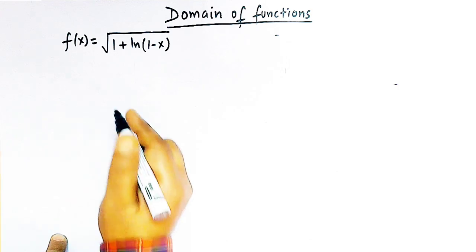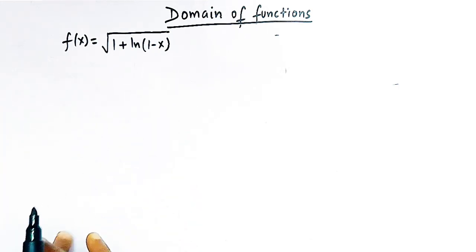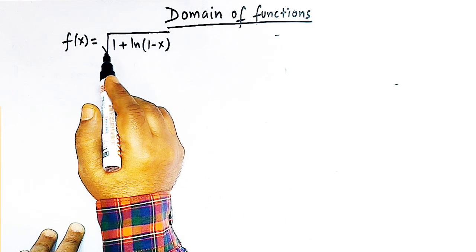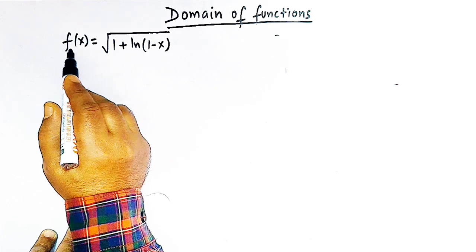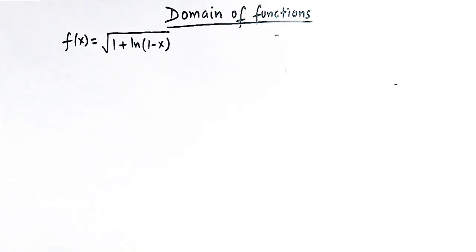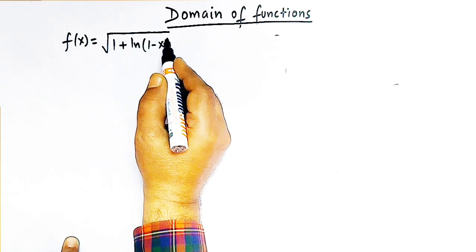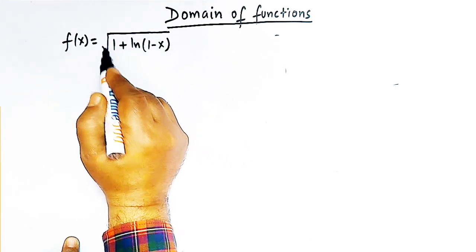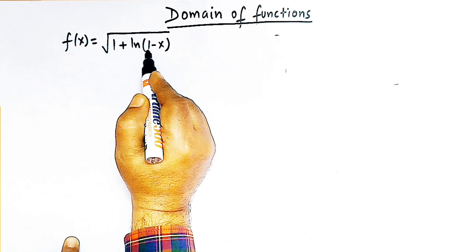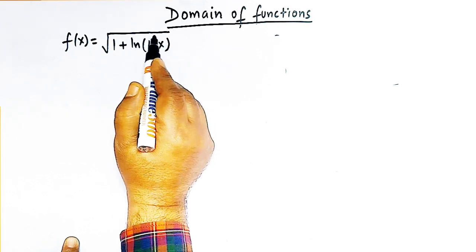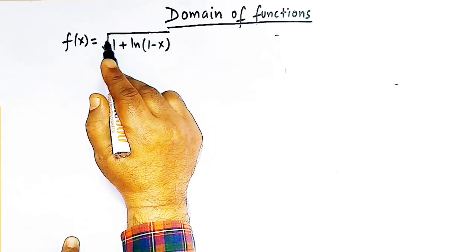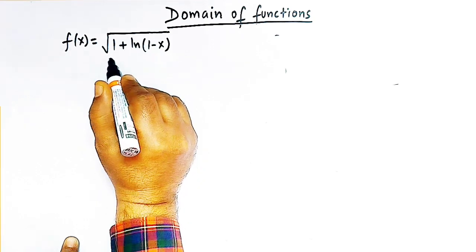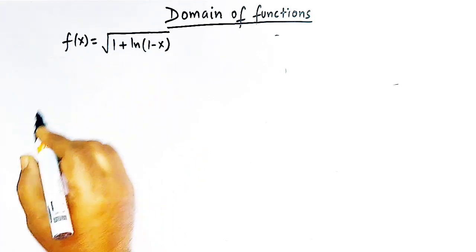So now see, we have to find all the valid values of x for which this function f of x is defined, right? So the first thing we have to keep in mind is that in the square root of 1 plus natural log of 1 minus x, the term inside the square root sign must be greater than or equal to 0.